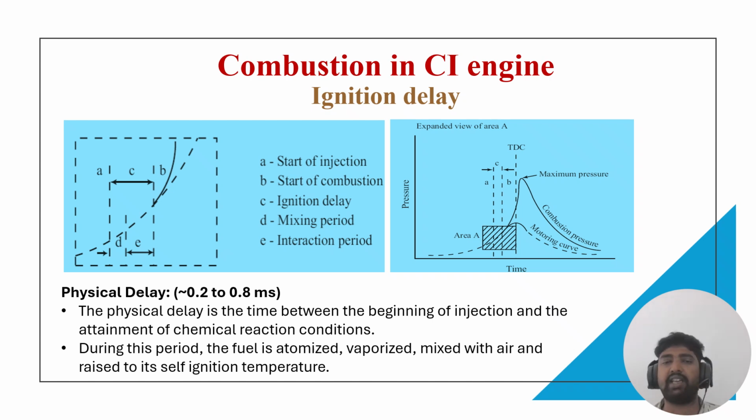In the physical delay, the liquid fuel atomizes into tiny droplets, and these droplets vaporize and mix with the hot compressed air. The duration of the physical delay is 0.2 to 0.8 millisecond, depending upon the engine speed.